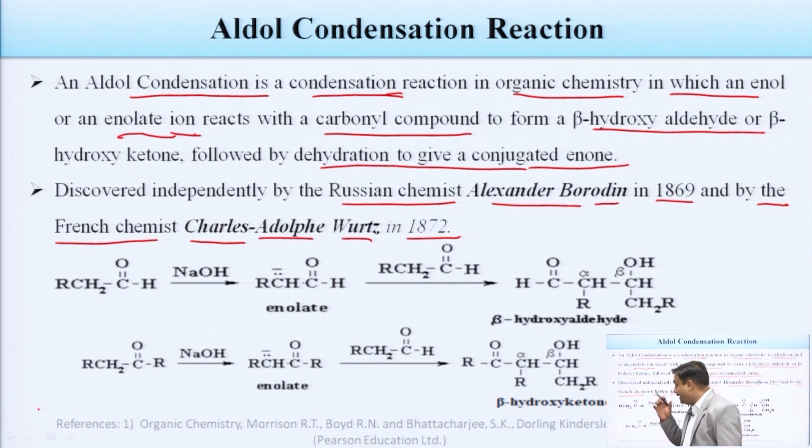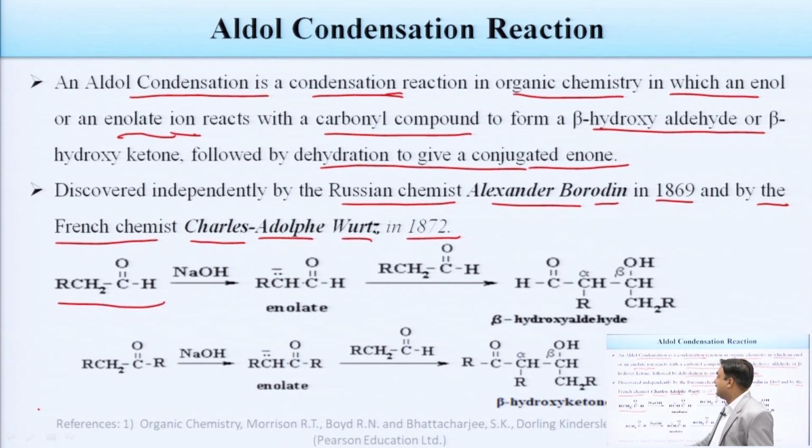So, what is happening in this reaction? Let us see. This molecule is an example of an aldehyde; any aldehyde we can use. When that aldehyde reacts with NaOH, NaOH is actually present in the form of OH minus.